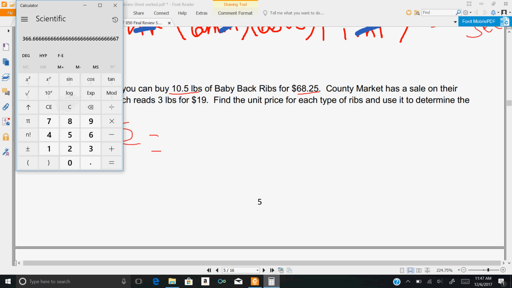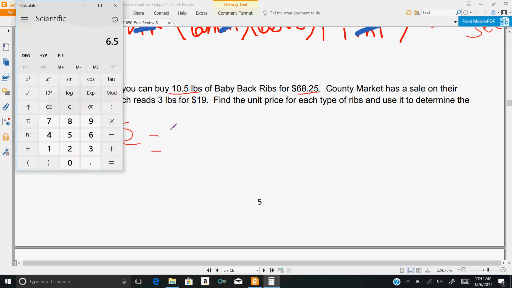I'll go to my calculator. 68.25 divided by 10.5, 6.5.